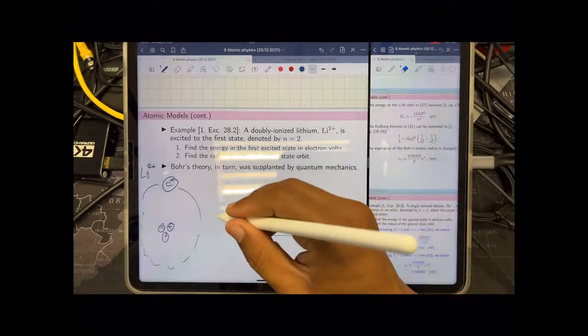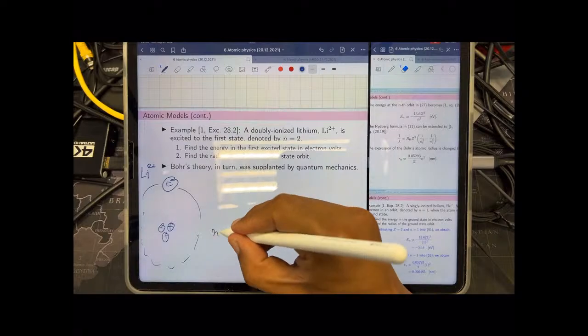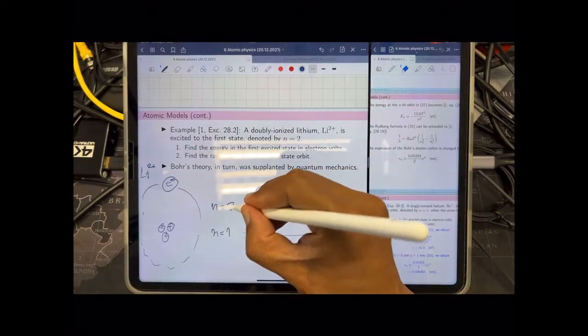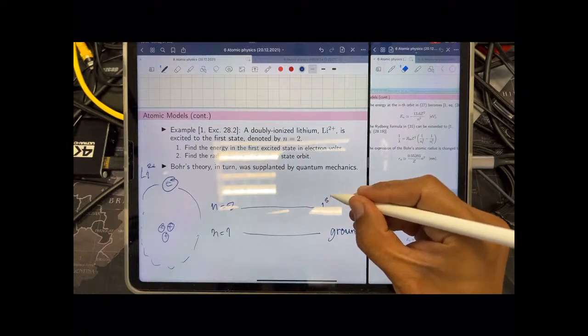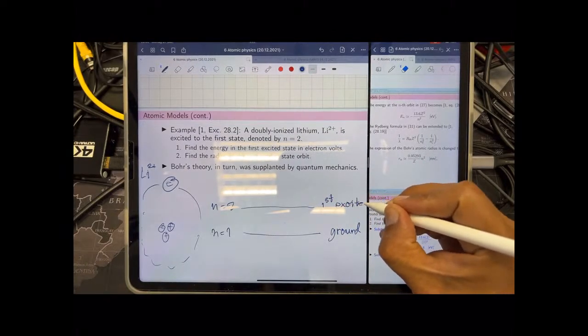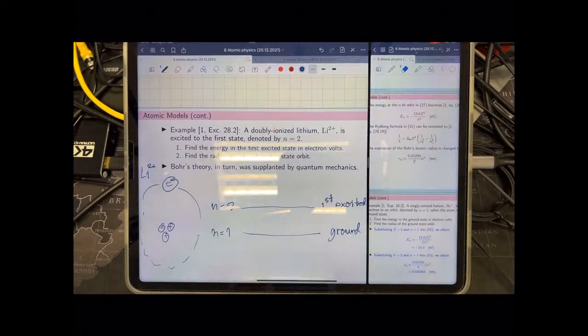The ground state is n equal to 1. Here is n equal to 2, and this is the first excited state. When we say the first excited state, it does not mean n equal to 1.